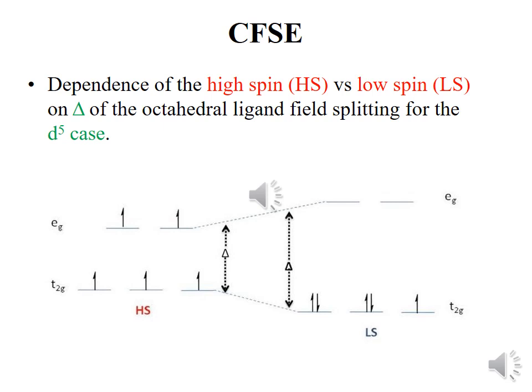That's why the splitting energy is greater in the low spin complexes as compared to the high spin complexes. In high spin complexes, we use weak ligands and there is less force of repulsion between the weak ligands and the metal complexes.